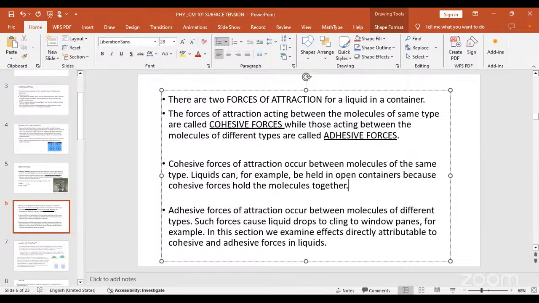A very good example is some kind of liquid drops on the wall or on the paint. The question is, why didn't they just drip down? Sometimes you have this situation. It arises because there is also some attraction between the molecules and the wall or the paint on the wall. So that is the adhesive forces that occur.